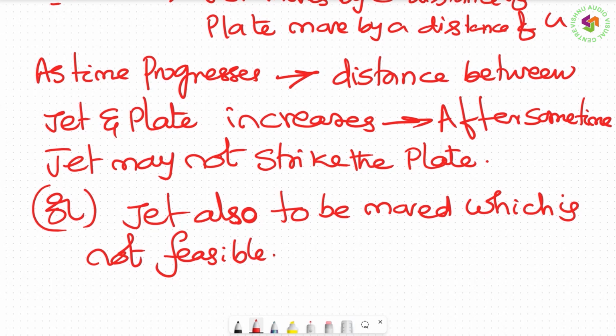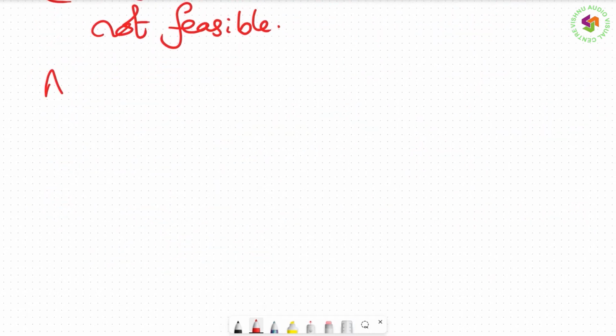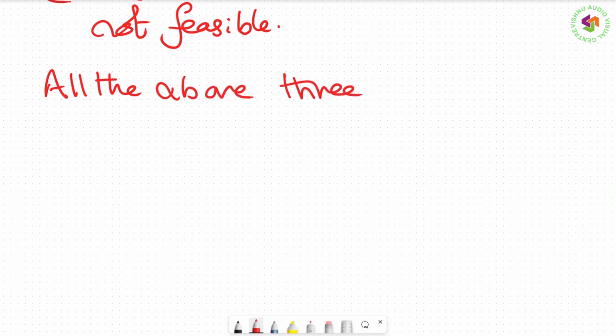Hence, all these derivations, all the above three cases, are only theoretical.